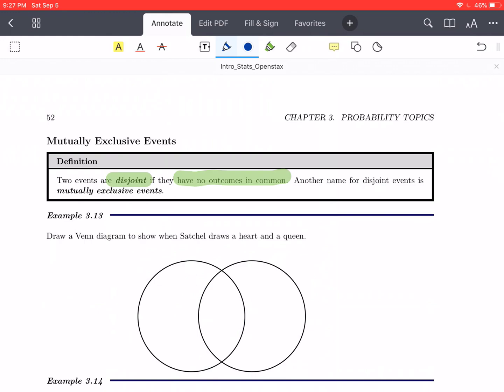In this case, we're looking for drawing a heart and a queen. So our two categories are going to be hearts and queens.